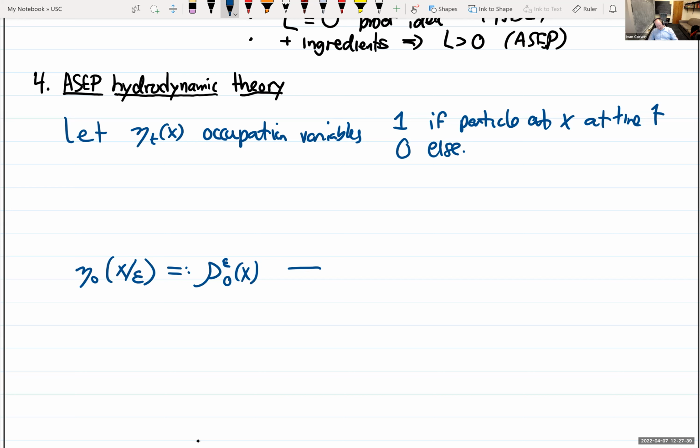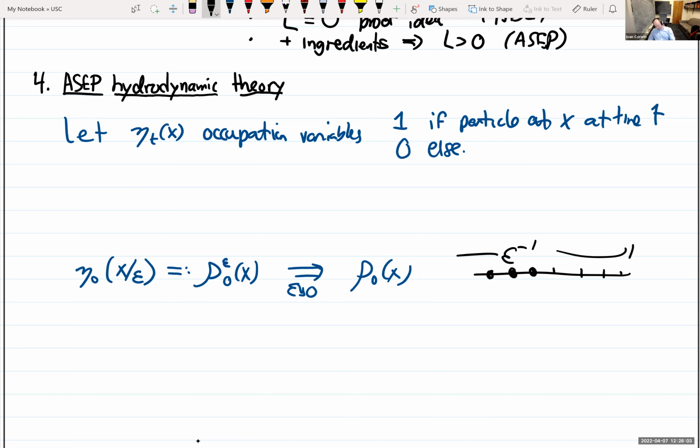So let me imagine that as epsilon goes to 0, this converges as a process in x weakly to some function, maybe a deterministic function, rho naught. What you should have in mind is my microscopic picture: I have particles and then holes, and I look on an epsilon inverse scale.